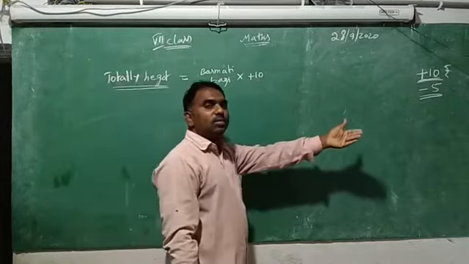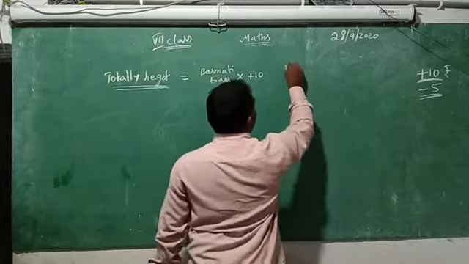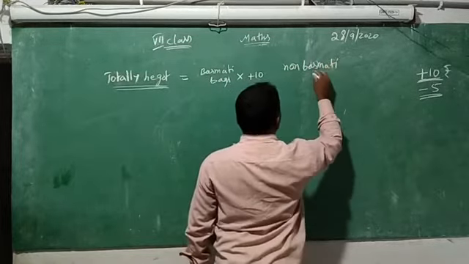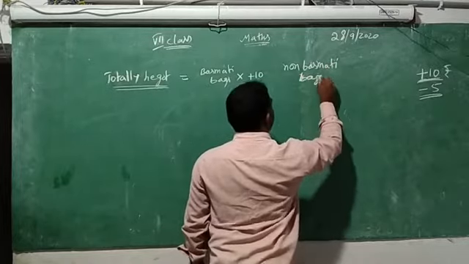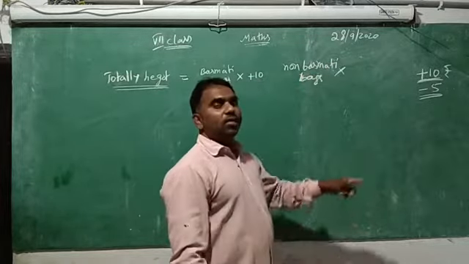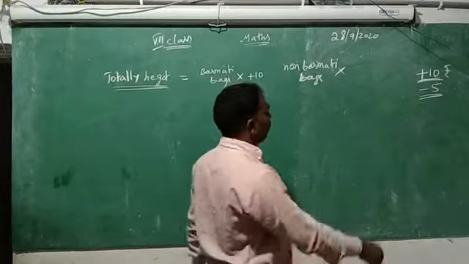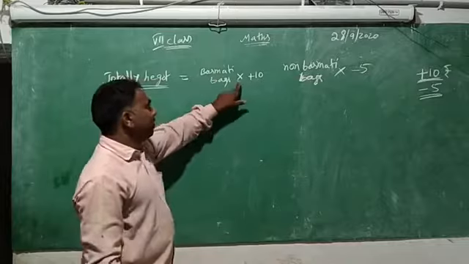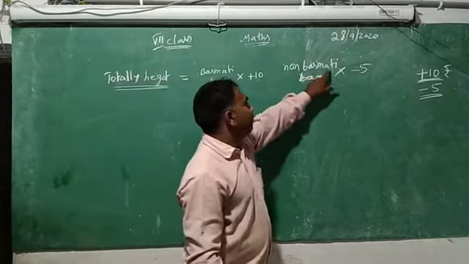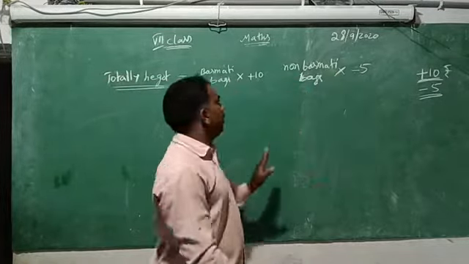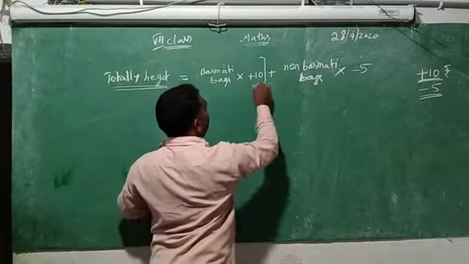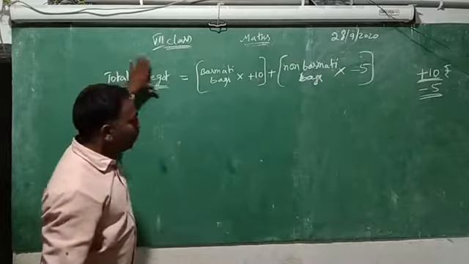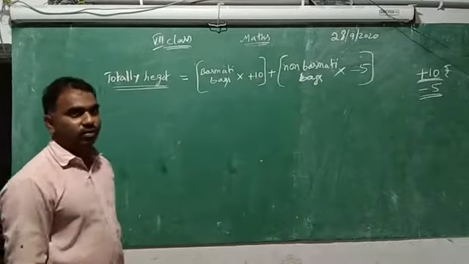What is the one more business? Non-basmati rice. So non-basmati bags, by selling this, what is he getting? 5 rupees loss. So you write minus 5. Basmati bags into plus 10, non-basmati bags into minus 5. If you simplify these two, you will get the total he got. This is the formula you created for this situation.